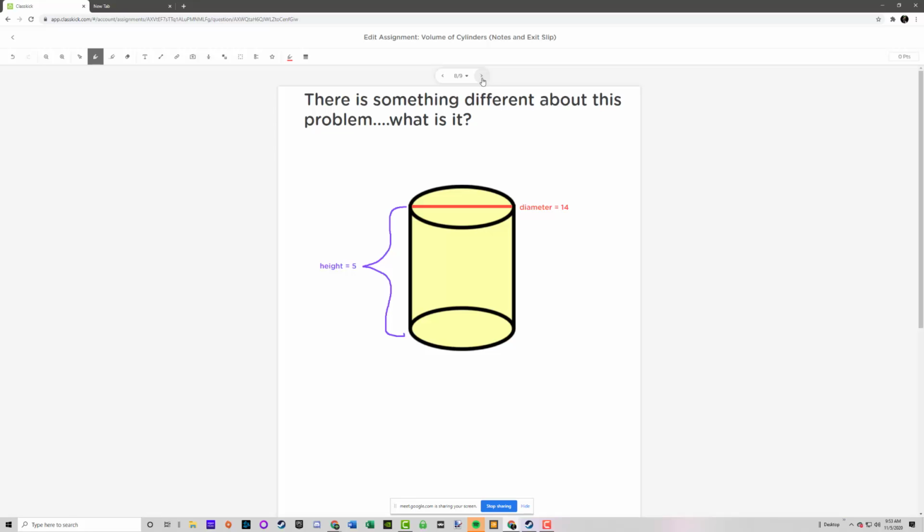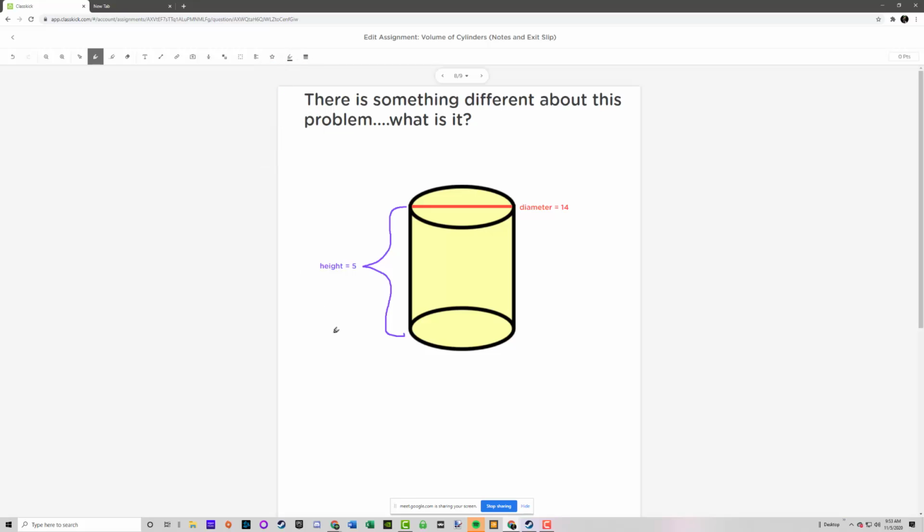Let's do the 1 minute thing again. So we'll type our answer, but we're not going to send it until I ask for it. Okay, there is something different about this problem. This is the trap question.